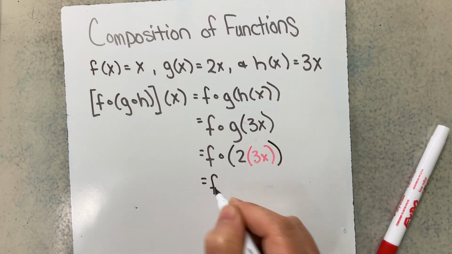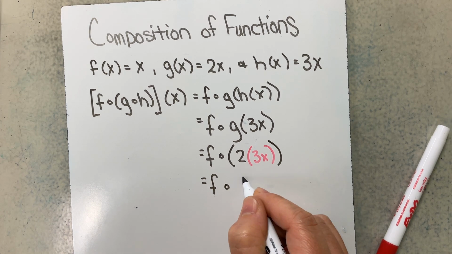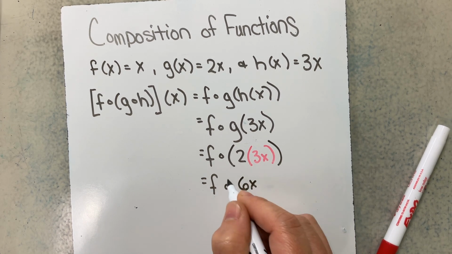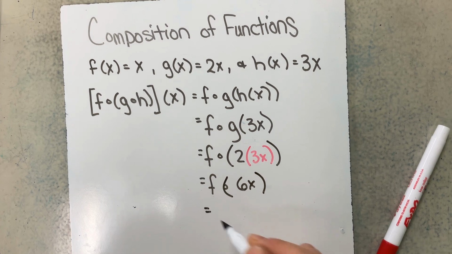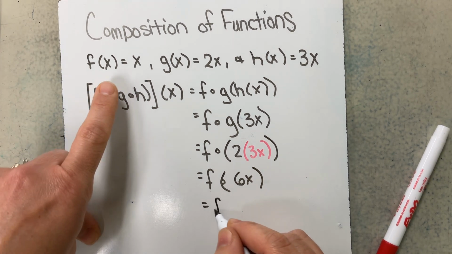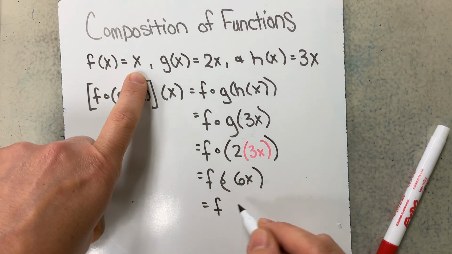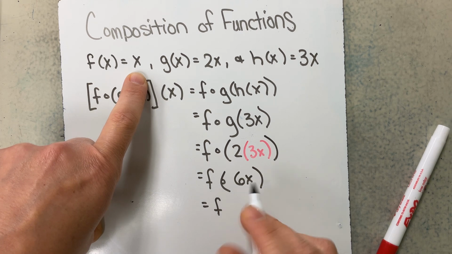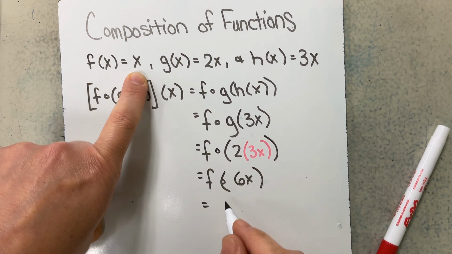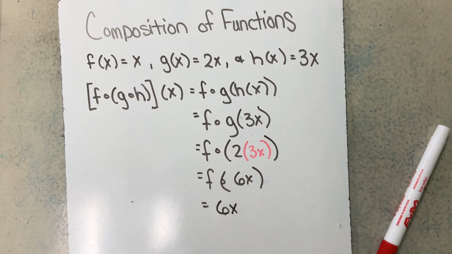That gives me f of 2 times 3x, which is f of 6x. Let's put the parentheses around that. f of 6x is just going to equal our x, but our x is now 6x. So a little bit more involved, but still the same idea.